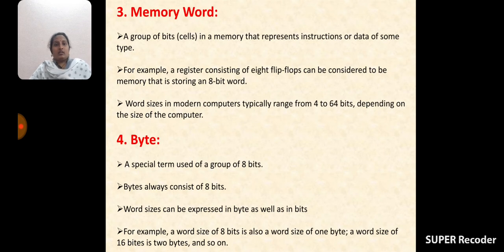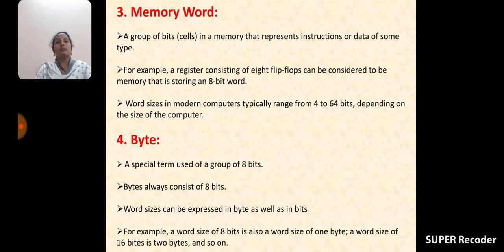Okay, and see here, next one is bytes. Already we have a very good idea about byte, because we learned it in our first unit itself. What is meant by byte? The group of 8 binary bits is called byte. What is meant by nibble? Group of 4 bits is called nibble.